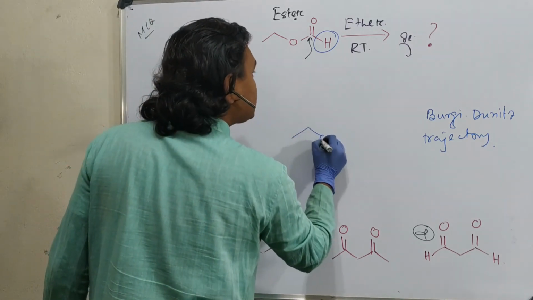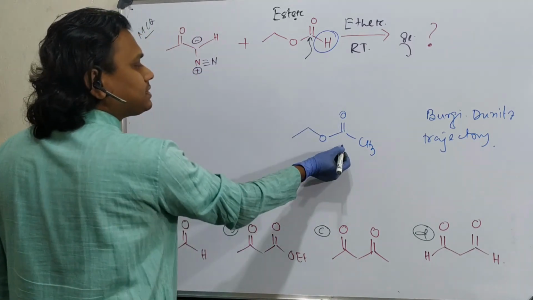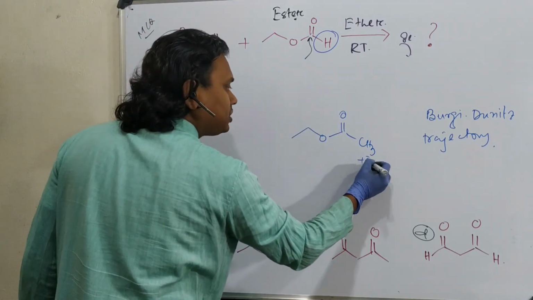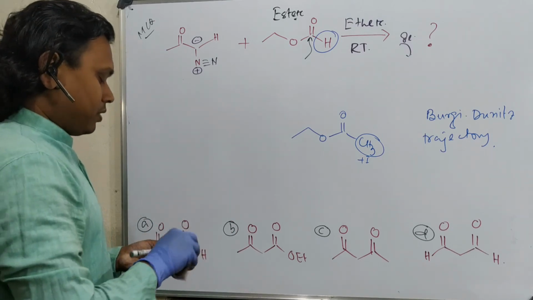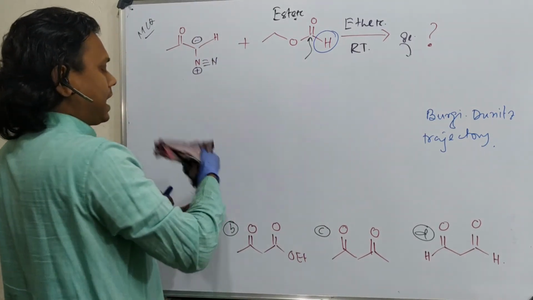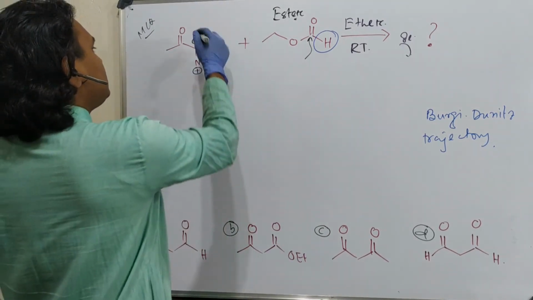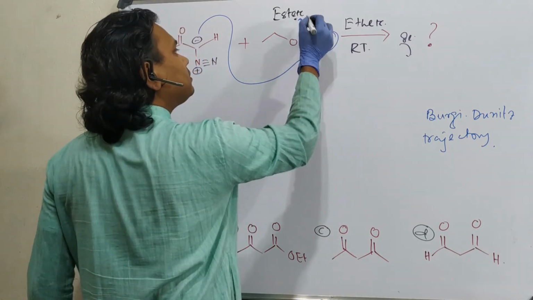What do I mean by the statement? In this case, if you consider this versus this, this is less reactive. First of all, the plus I effect of the methyl group, second, the bulkness of the methyl group. Okay, so this also plays an important role. Now, we have understood this part. Now the question: how will it react? So this negative charge will act, open up.